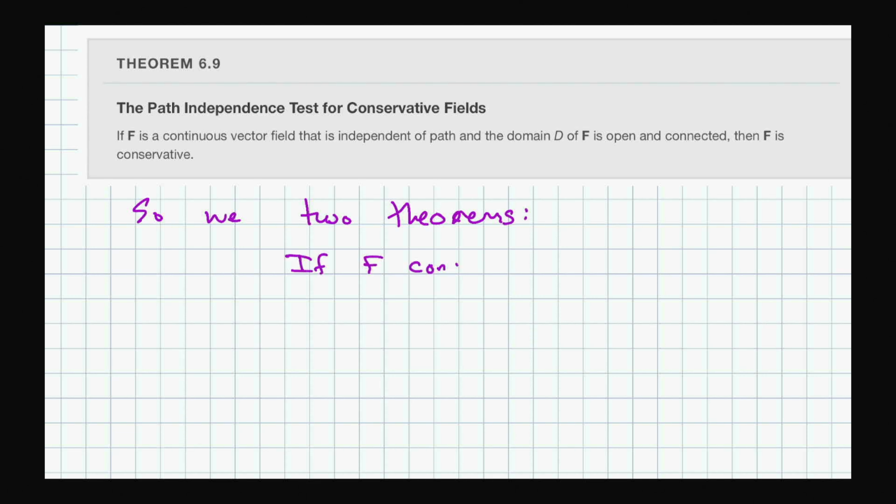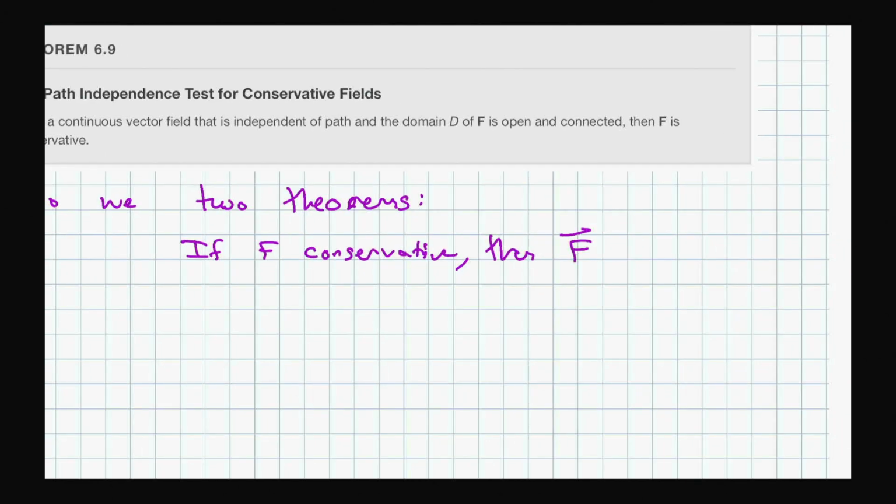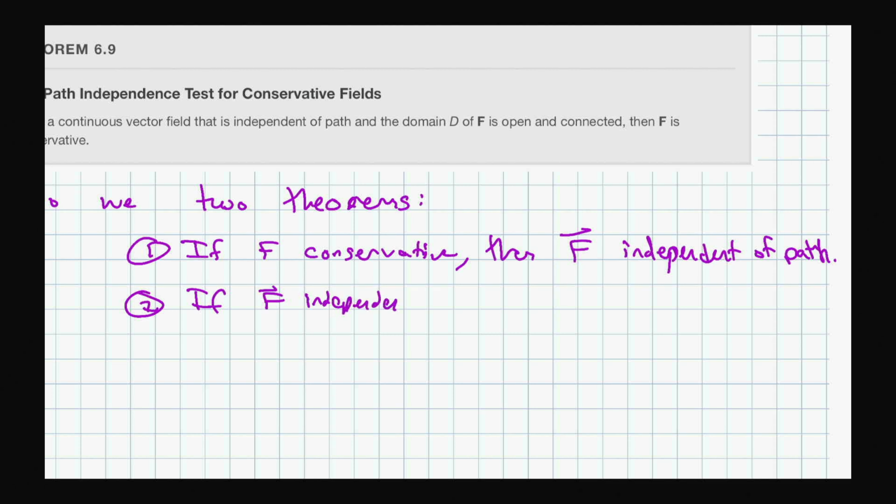So we had two theorems. If f is conservative, then f is independent of path. This one says, the converse, if f is independent of path, then f is conservative.